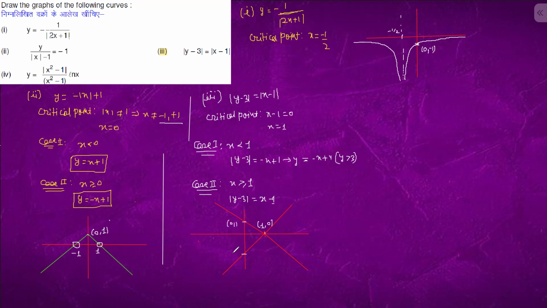This is 0 comma minus 1. So y is bigger than 3. When y is bigger than 3, it is minus x plus 4, which is the same continued graph. So at x equals to 4, it is 0.